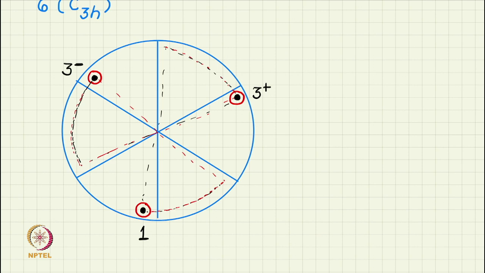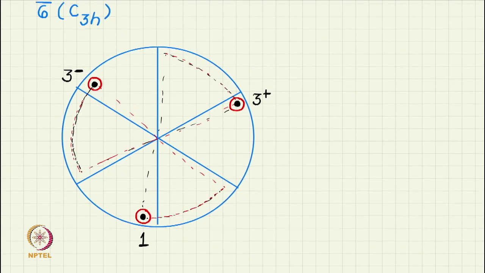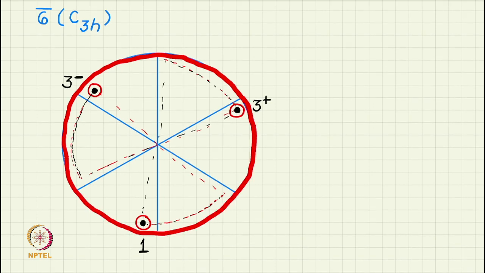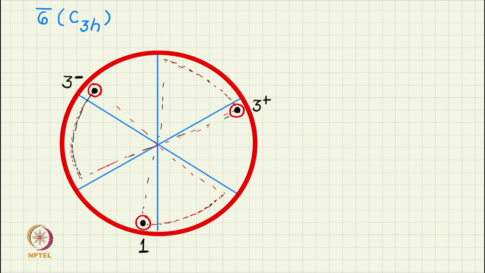Similarly, below 3 plus you also have changed handedness and exactly below the equatorial plane, and the same thing is repeated for 3 minus. So what you note is that the equatorial plane has become a mirror plane, although you did not start by making it a mirror plane, but the equatorial plane turns out to be a mirror plane.